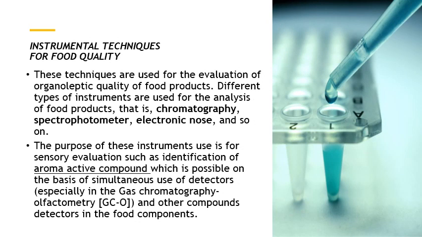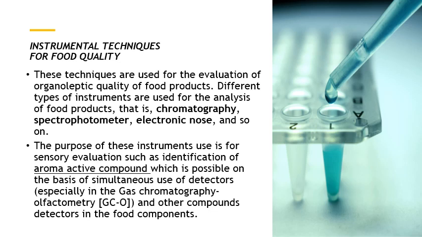So we have instrumental techniques that are meant for assessing food qualities. These techniques are used for evaluating the organoleptic qualities of food as claimed, and we have different types of these instruments. They are basically under the three categories of chromatography, spectrophotometer, and electronic nose.